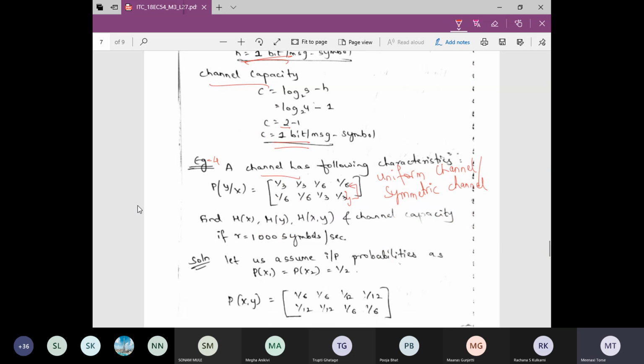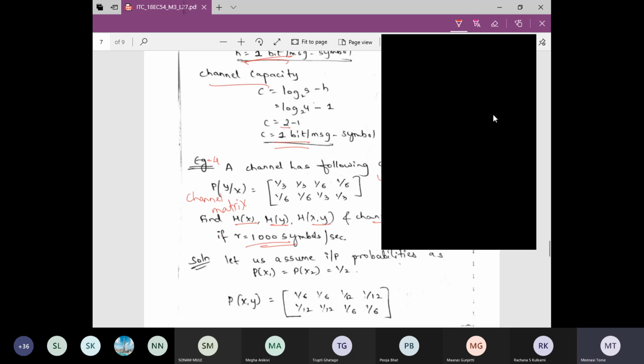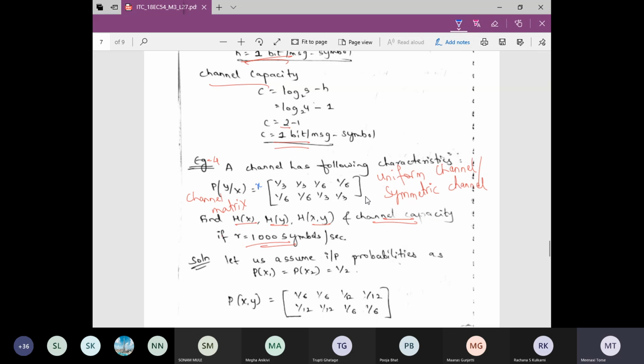So for the given channel matrix, we need to compute H of X, H of Y, H of X comma Y, and finally channel capacity if Rs is 1000 symbols per second. So we have two input symbols, x1, x2, and 4 output symbols.